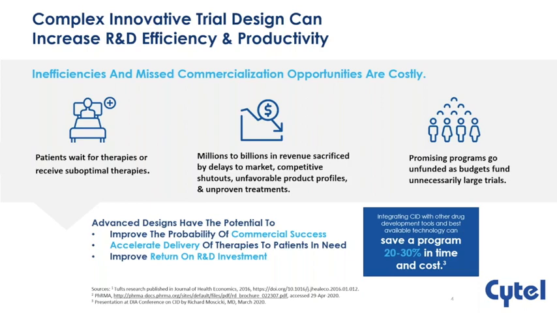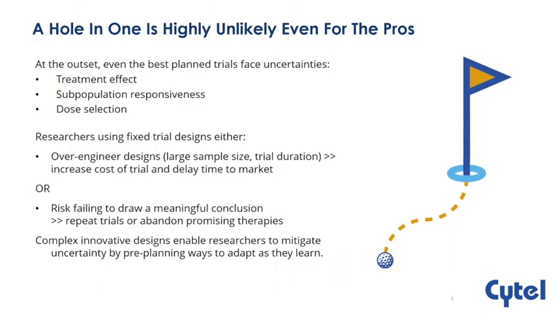I will be talking a lot about how to optimize budgets and how to optimize drug development. That goes a little bit beyond just these innovative designs. It does go into the category of the context. How do you implement these designs in your portfolio? A hole-in-one is highly unlikely even for the pros.